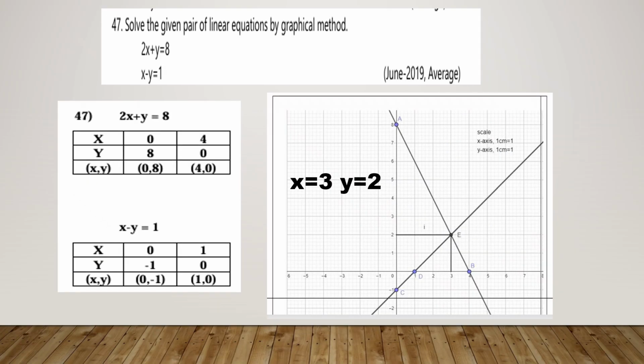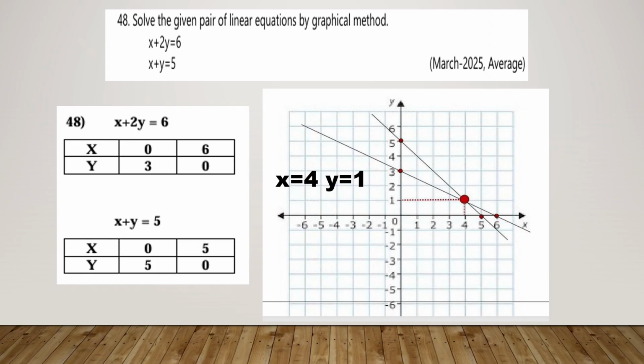Question number 47. So same thing you have to do here. So take this as homework and comment your answer. So practice this graph in the graph sheet. You will get the proper answer. Question number 48. Solve the given pair of linear equations by graphical method. It was already asked in the March 2025 exam in your annual examination paper.